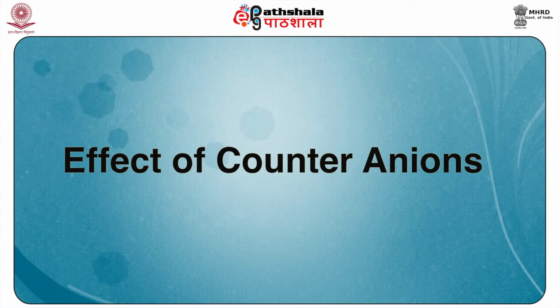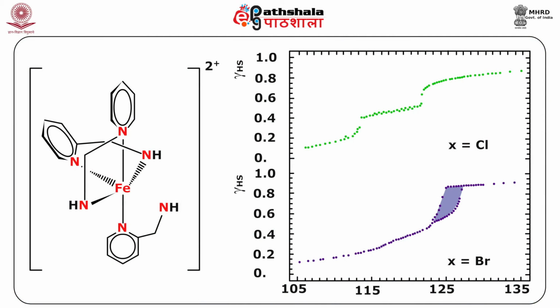Effect of counter anions. A more subtle chemical influence is the variation of the anion associated with a cationic spin crossover system. In ionic lattices with cationic spin crossover complex molecules and uncoordinated counter anions in lattice positions remote from the metal center, the ion can nevertheless exercise a strong influence on the spin crossover behavior through cooperative interactions.